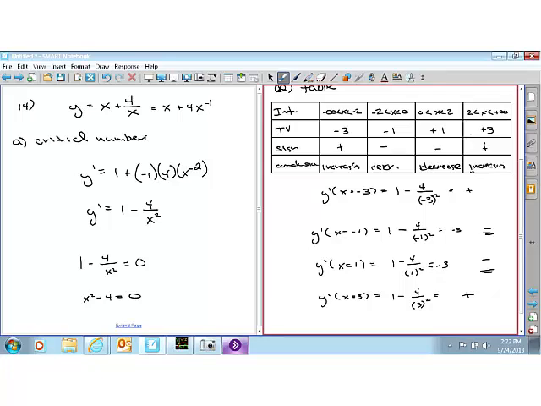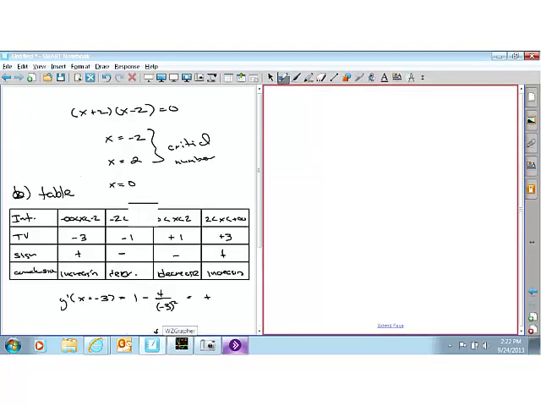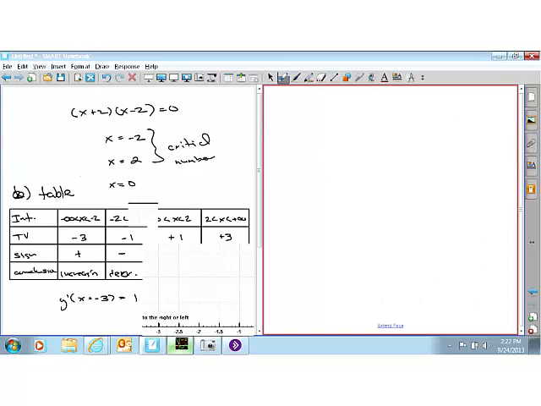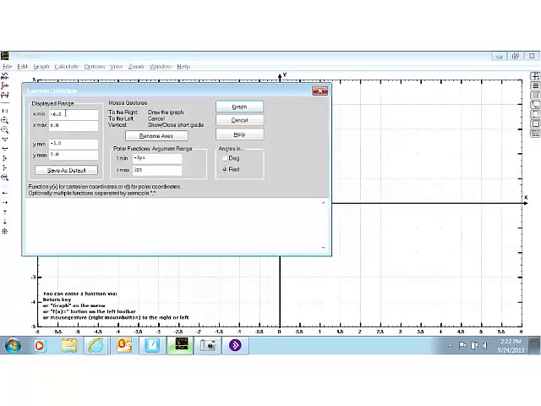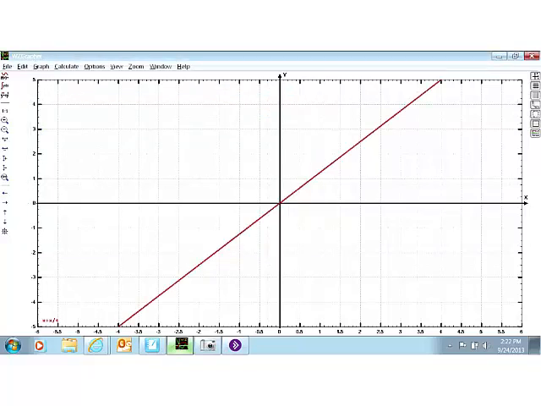Okay, so I'm going to add a page, and I'm going to plot it, and then we'll bring it over so we can see both of them at the same time. So the function was x plus 4 over x. So let's graph that.